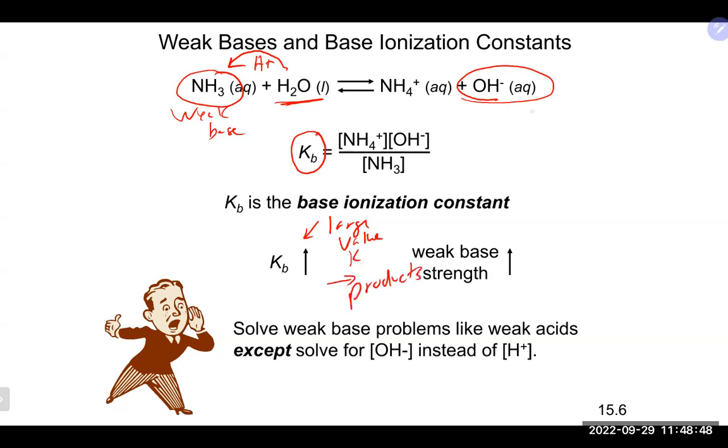And as we can see here, on our product side is hydroxide. So the larger the Kb value, it means it will actually be producing more free OH minus, making it a stronger weak base. Again, much like the acid, it is a lot less strong than a stronger base.